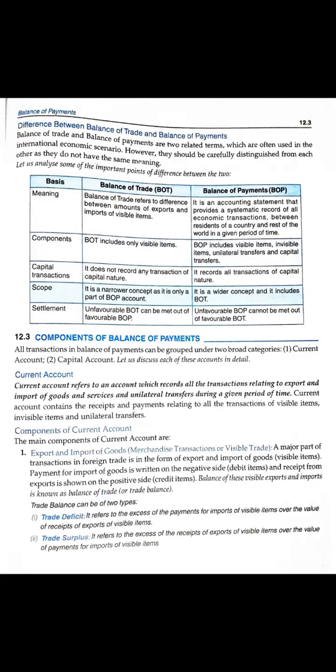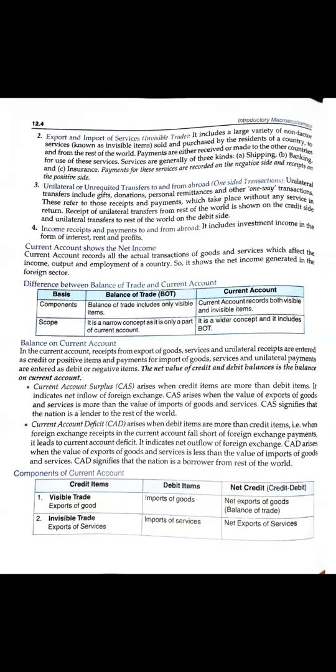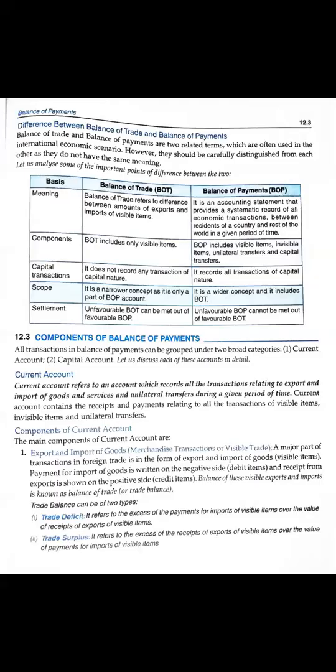Okay. So there is deficit trade and surplus trade. So what is deficit trade? Deficit means there is a shortage. Surplus means excess. So deficit means imports of visible items will be more than exports. So we'll be importing more items than exporting.